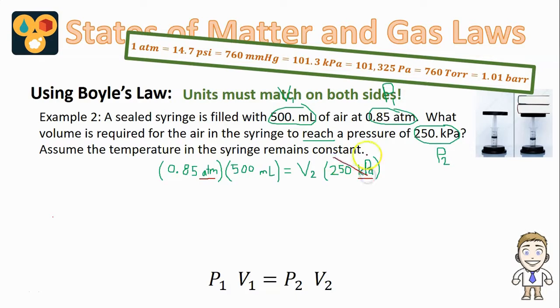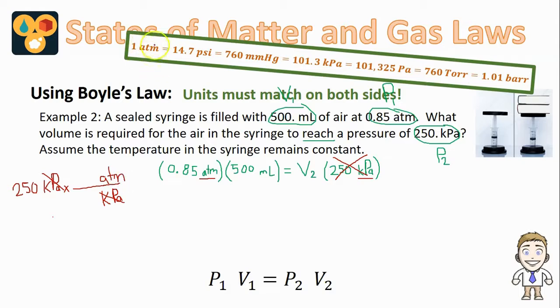So my choice is going to be to convert 250 kPa into atmospheres using our conversions, which I've got at the top of the screen. So I'm just going to move off to the side and clear a little space to write this conversion. I'm changing 250 kPa. We're going to do that conversion using dimensional analysis. So kPa has to cancel top to bottom. And I'm trying to change that into atmospheres on the top.